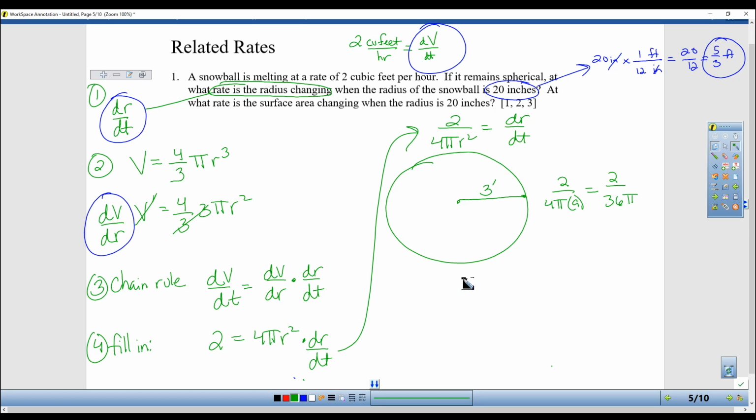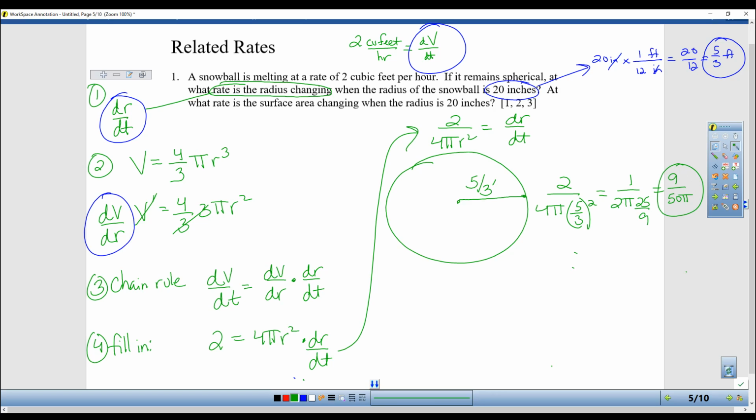But when it's what we have, which is 5/3 of a foot, think about how much different that's going to affect it now. Now it's going to be 2 over 4 pi times 5/3 squared. So this actually reduces to 1 over 2 pi times 25 over 9, which is, if you flip it, 9 over 50 pi.